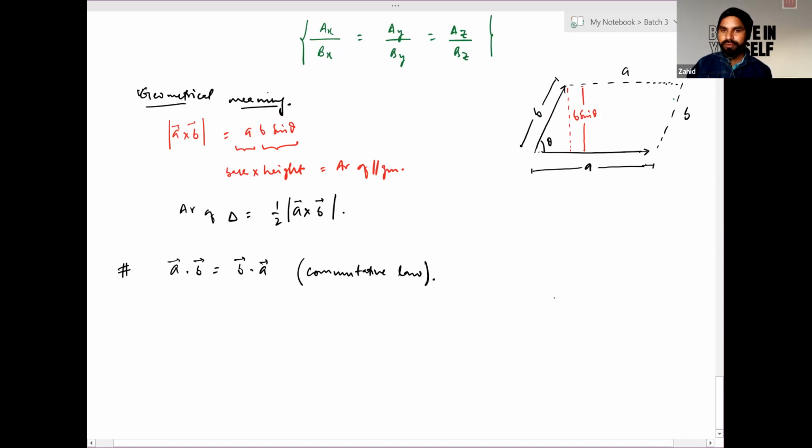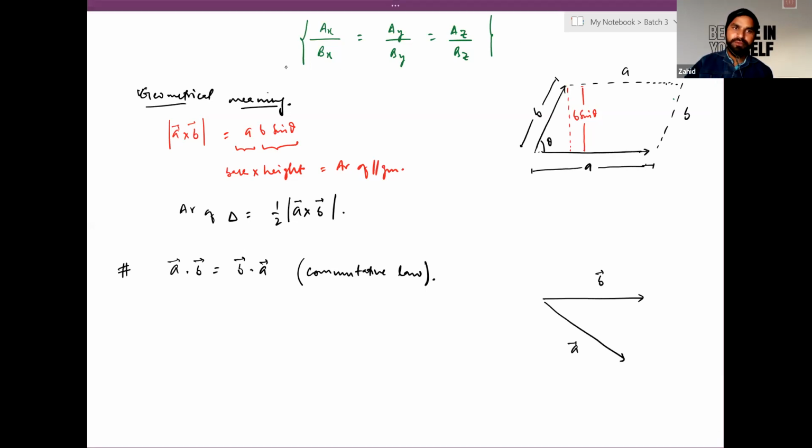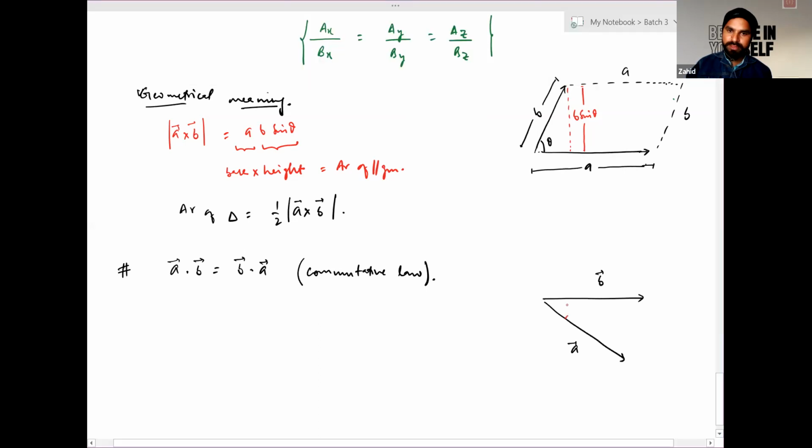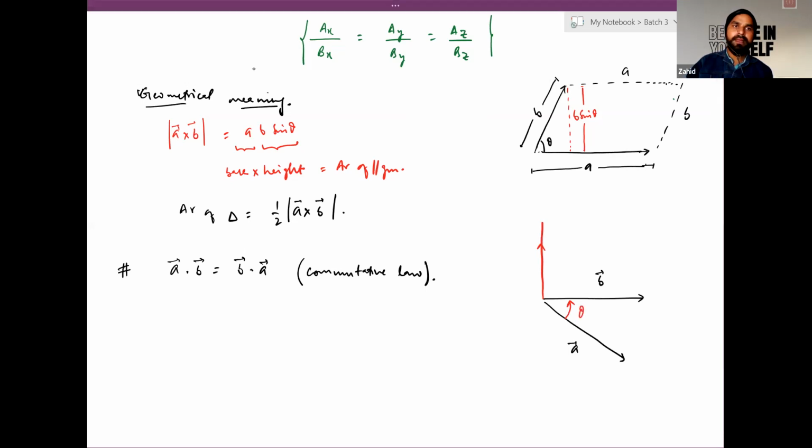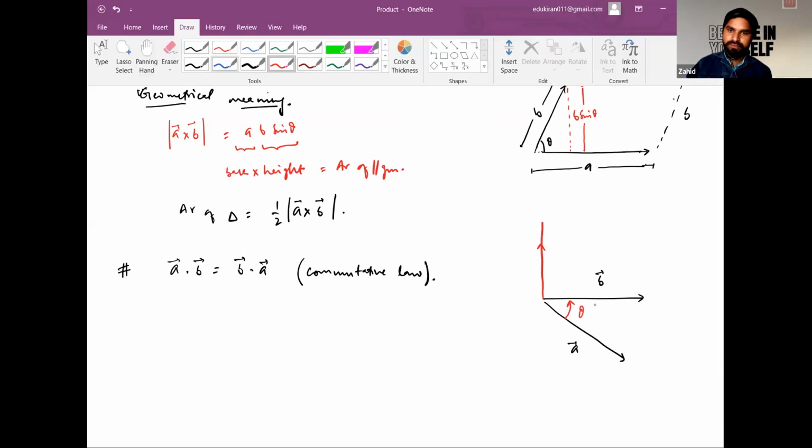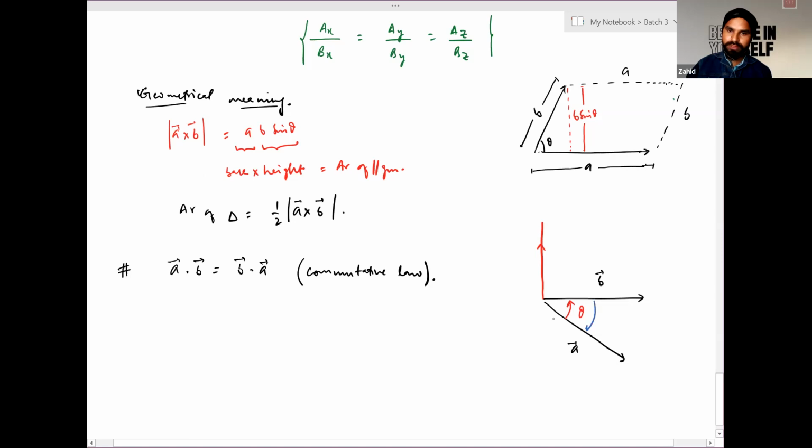But if we apply it for cross product, let's say you have two vectors A and B, and if you move from A to B along this direction, the resultant will be along this using left hand Fleming's rule. And similarly, if you move from this point to this point, the resultant will be along this direction.